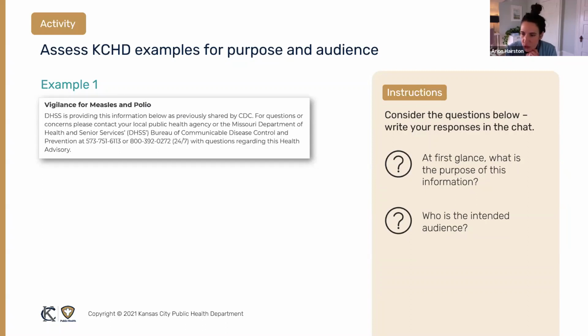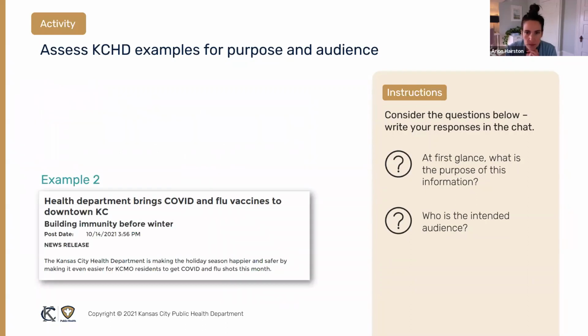So if we look at example 2, here's a different example. Think about purpose and audience of this one. The health department brings COVID and flu vaccines to downtown Kansas City.